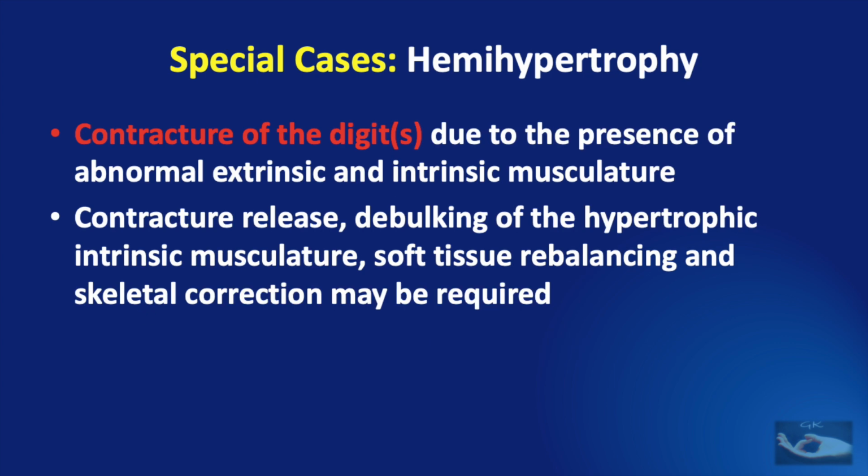In conditions of hemihypertrophy with macrodactyly, contracture of the digits is commonly present due to abnormal extrinsic and intrinsic musculature. Contracture release, debulking of the hypertrophic intrinsic musculature, soft tissue rebalancing, and skeletal correction would have to be done in these patients.